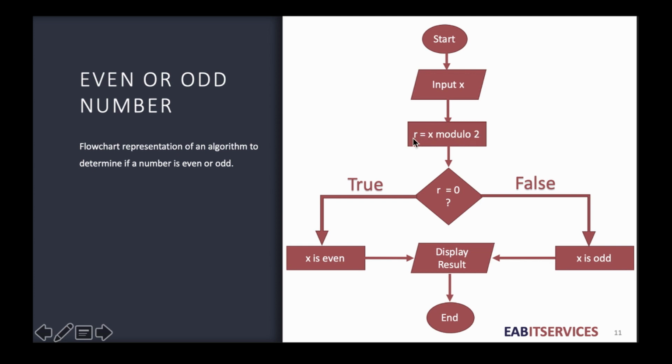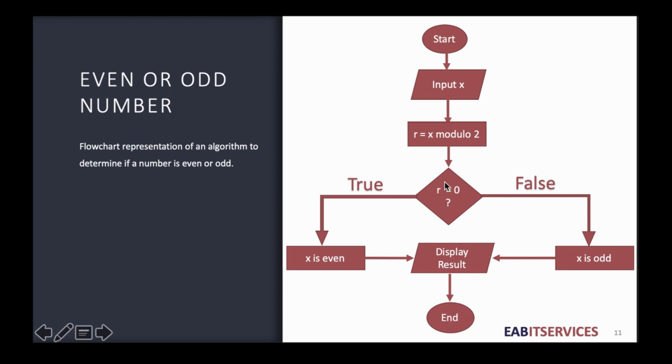So the result is being given to R. We make a decision. If R equals 0, we ask this question. See that there is a question mark here. If the result is true, then we say x is even, and then we continue to display the result, and then we end the algorithm.